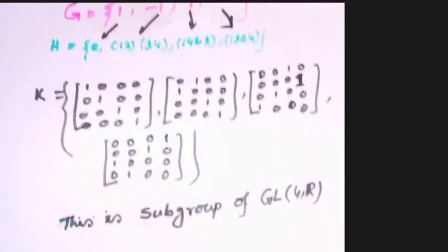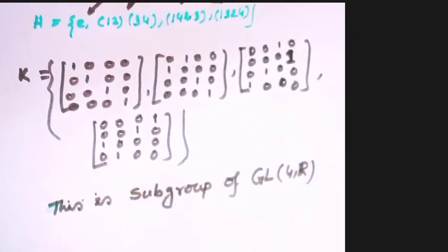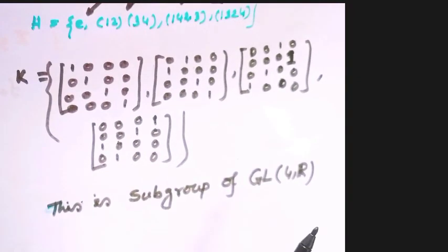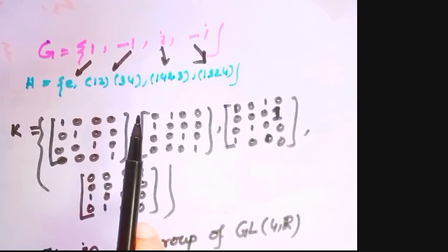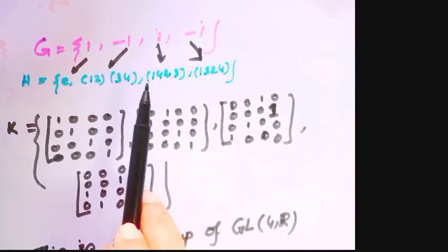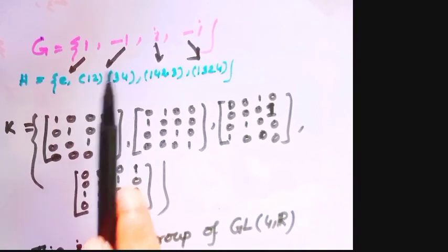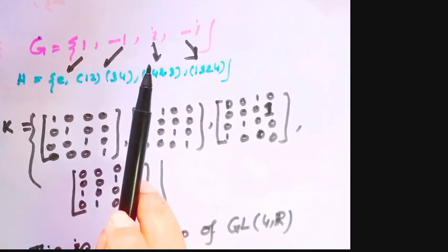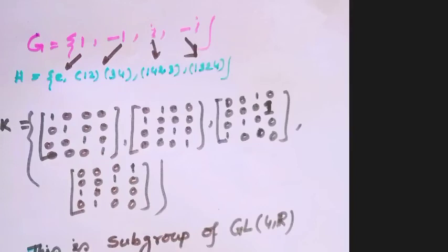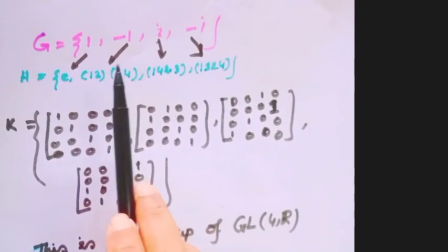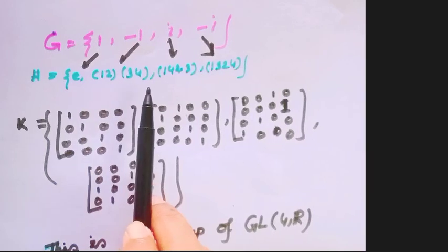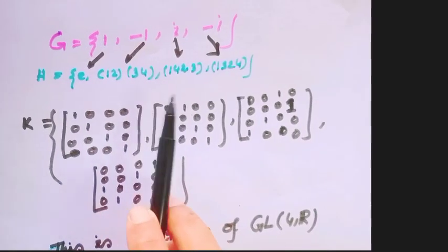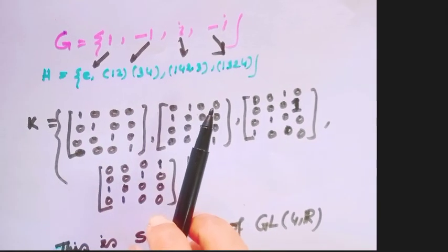And this is a subgroup of 4 cross 4 invertible matrices. Okay? And these matrices behave the same as subgroup capital S and also behave the same as group capital G. Because we can represent any group as permutations and we can also represent any permutation as a matrix multiplication.